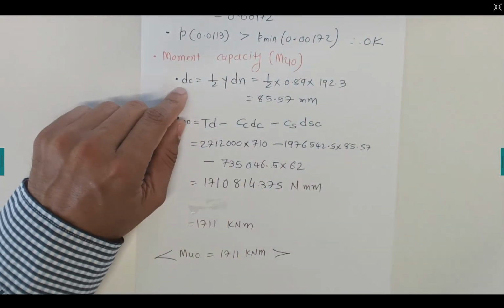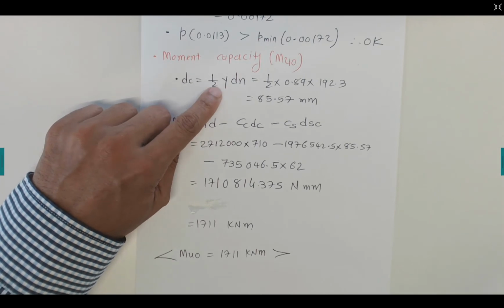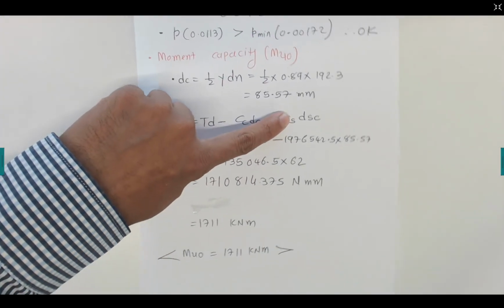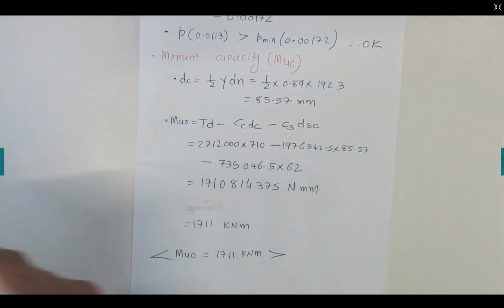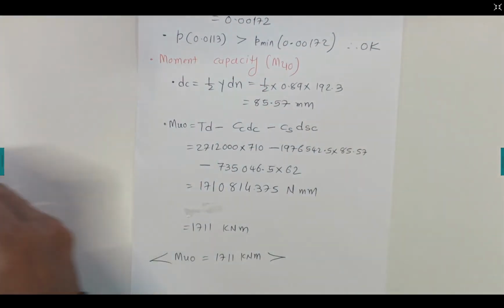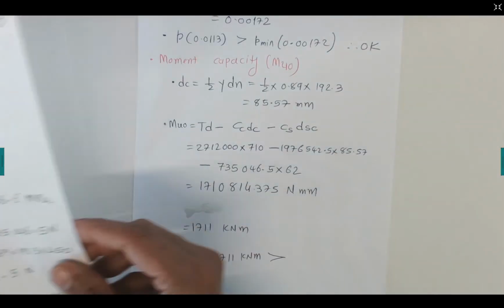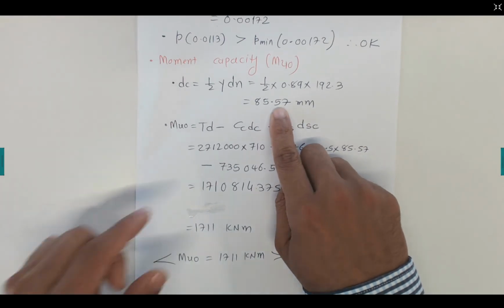dsc we calculated here as 1/2 gamma DN. Gamma is 0.89 and the DN value we carried is 192.3, which gives us 85.57.